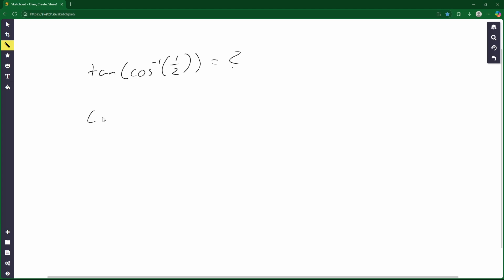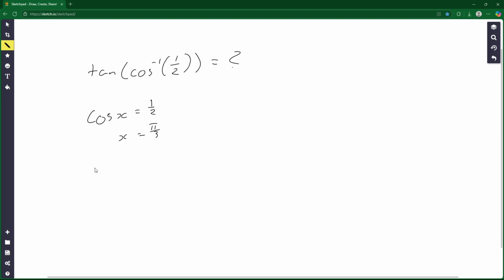What does x need to be to equal 1 over 2? We went over this before. x is going to equal pi over 3. And since it's positive, it is going to be in the first quadrant where all of them are positive. And because of our domain restriction, it has to be in the first quadrant.